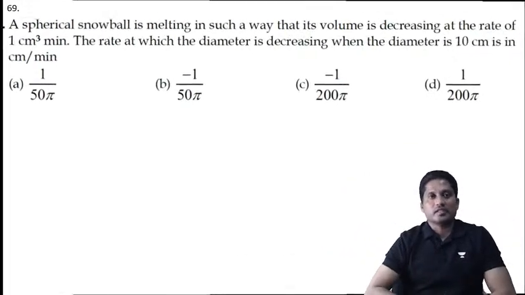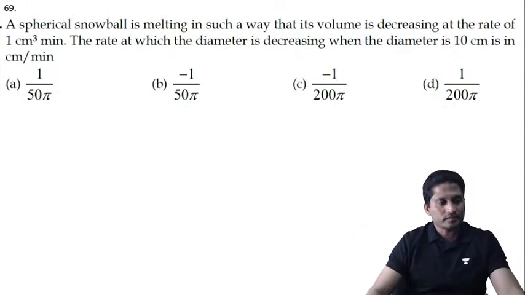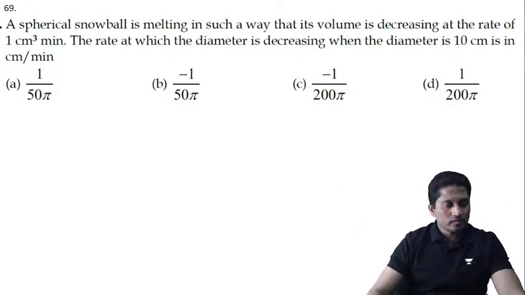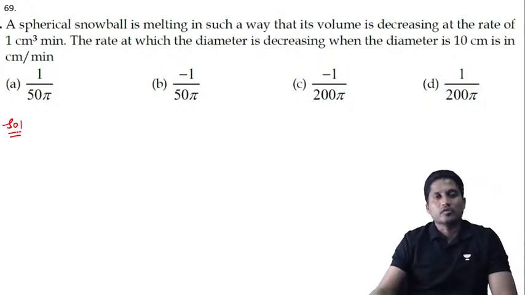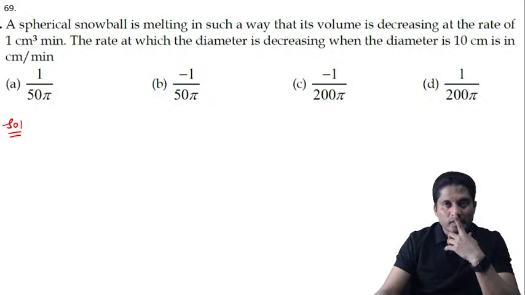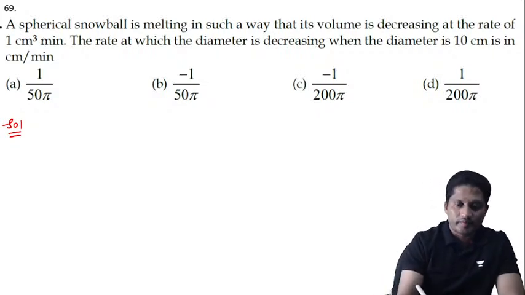Let's move to the next question. Question number 69. A spherical snowball is melting in such a way that volume is decreasing at the rate of 1 centimeter cube per minute.